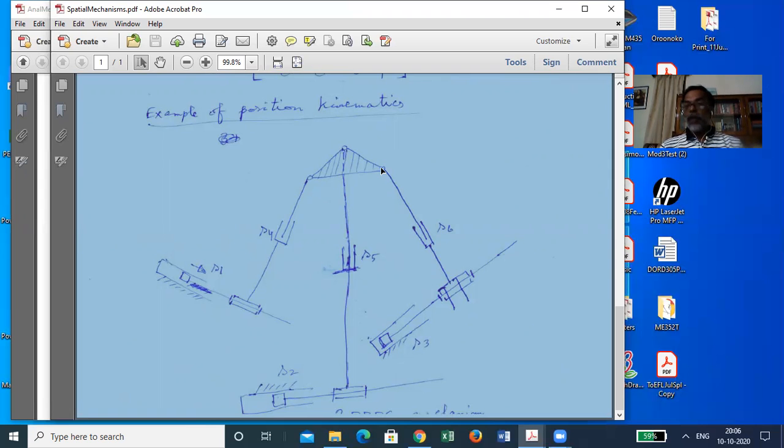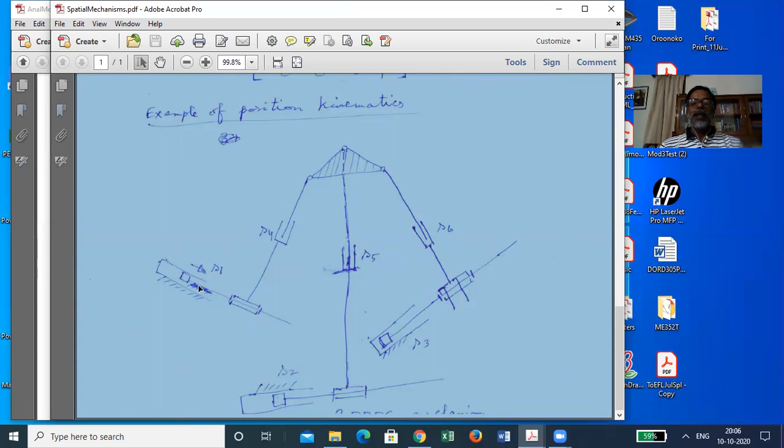And if you try to work out the degrees of freedom that this mechanism has, then how will you go about it? You will say how many links are there. So in each of the legs, you will have this slider, then this link rotating about this axis, 2 plus this slider, 3.